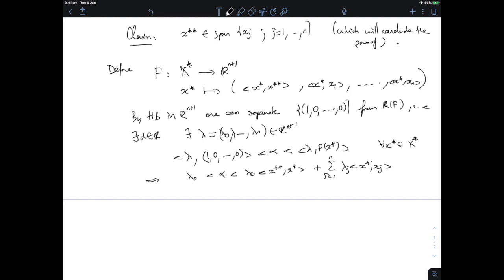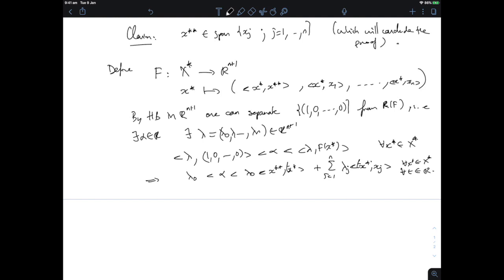Right, now that's true for every x star in X star. So in particular, I could multiply my x star by t. I would still be in X star. So this is true for every x star in X star and for every t in R.